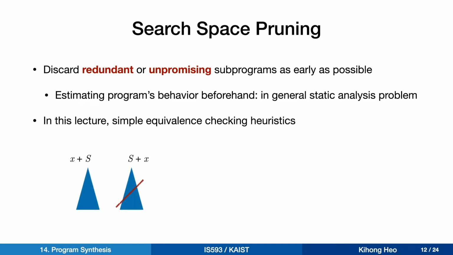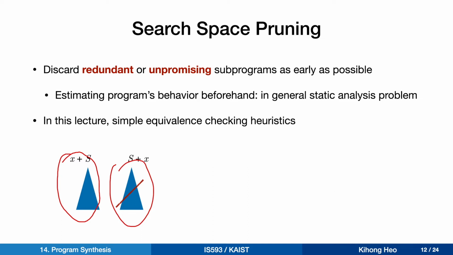For example, according to the semantics of plus, we do not have to consider both types of candidate program like this. All programs generated by the first sentential form will also be in the set of programs generated by the second form, right?